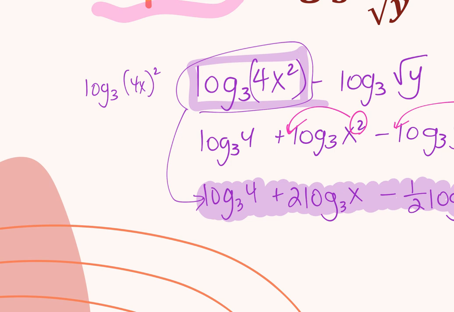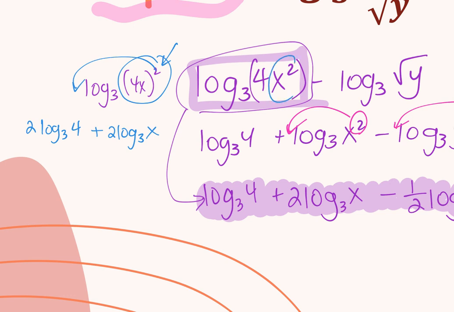The one I just added would be log base 3 of the 2 can go to the front of each. 4 plus 2 log base 3 of x. So I could either split it and then bring the power over, or I could bring the power over first and then split it, but they both get the squared. So make sure you pay attention. Is it in parentheses, is the square on the outside, or is it just applying to one of the terms like the one we did first?